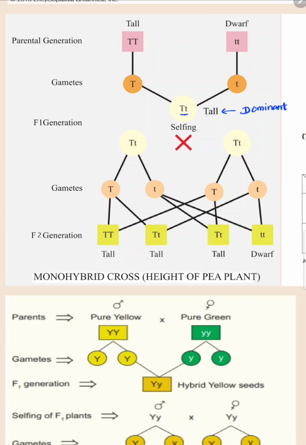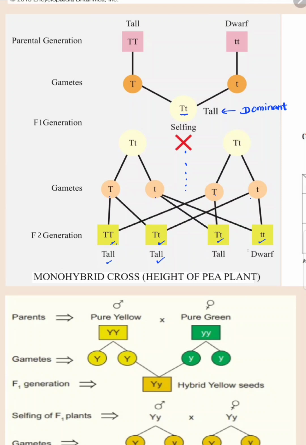After self-pollination of the dominant flowers, in between the F1 generation, you will take gametes capital T, simple T and capital T, simple T. By crossing these two, you will get capital T, capital T; capital T, simple T; capital T, simple T; and simple T, simple T. Capital T, capital T means tall.